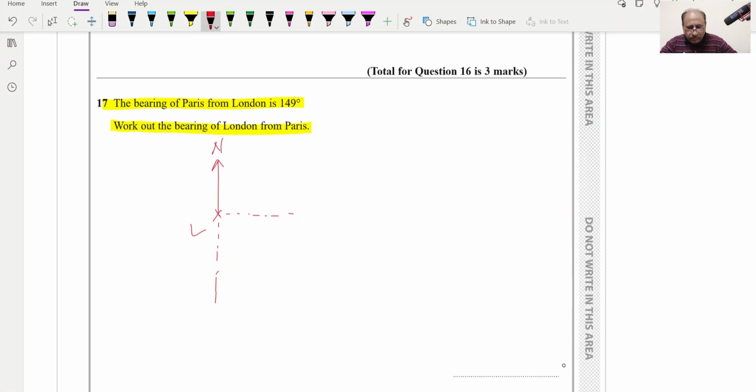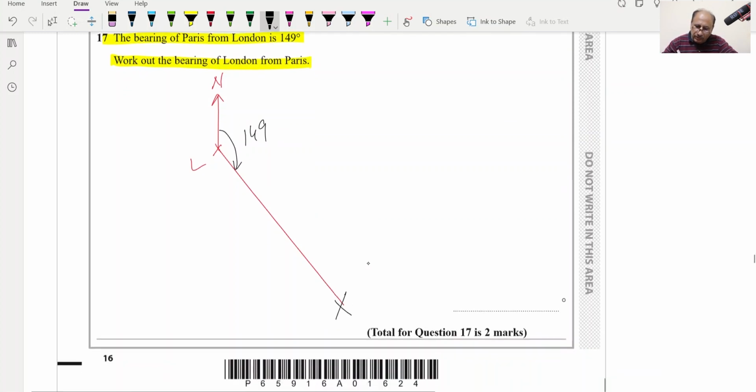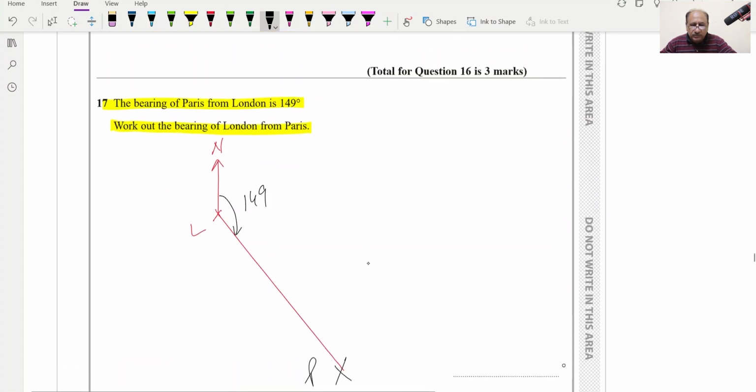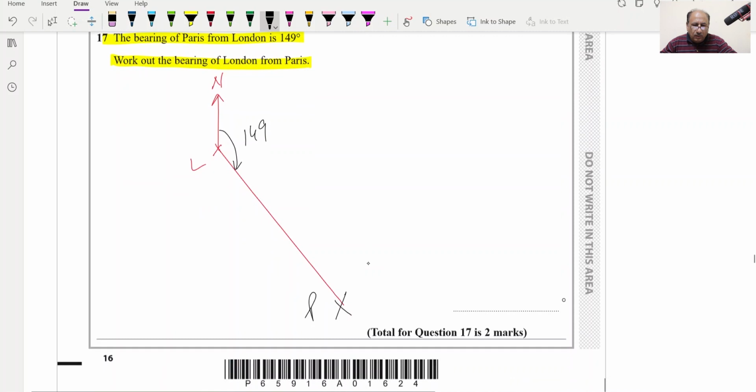So our bearing we can draw like this one, and we can erase this line which I have drawn for your explanation. Now this is the bearing, which is 149 from London to Paris, and Paris is over here. Now they are saying bearing of London from Paris. So now we can draw our north over here.